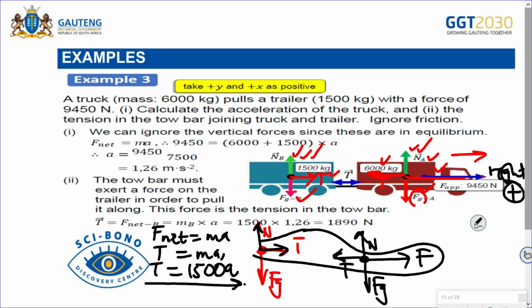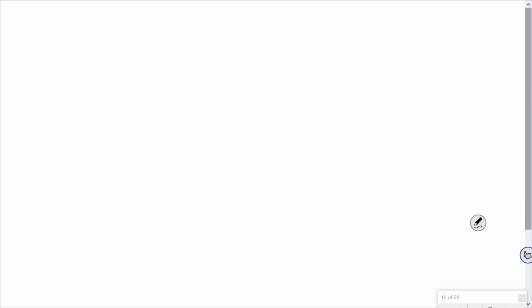All right. So for your 1,500 kilogram object, this is the equation: T equals 1,500 A. And then for this one, there are only 2 horizontal forces, T and F. All right.